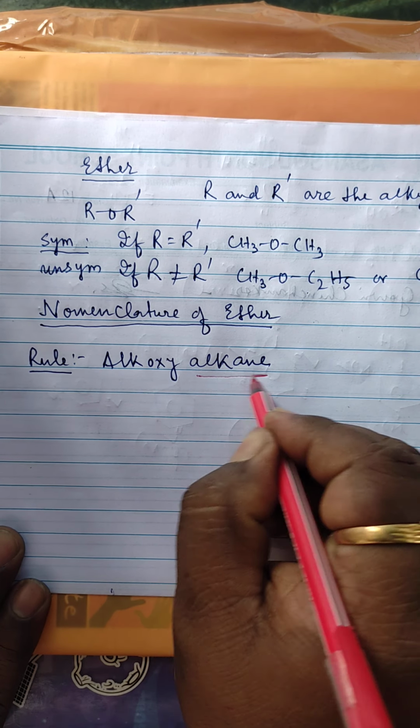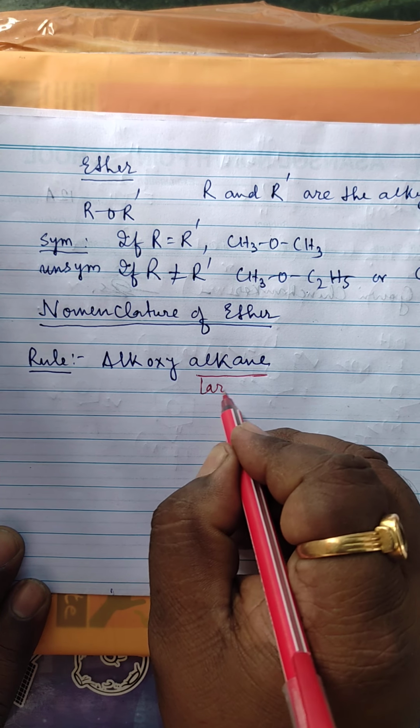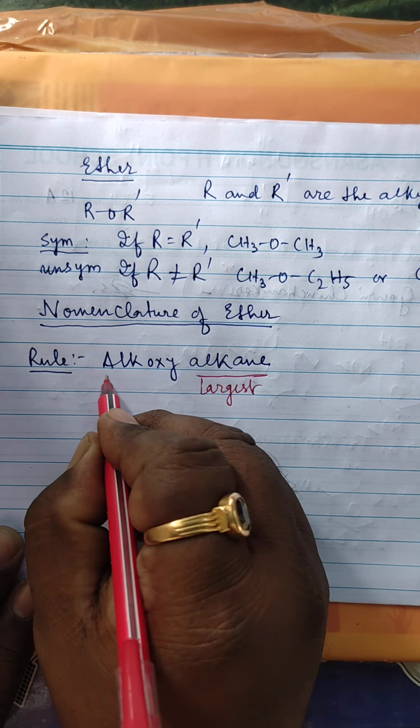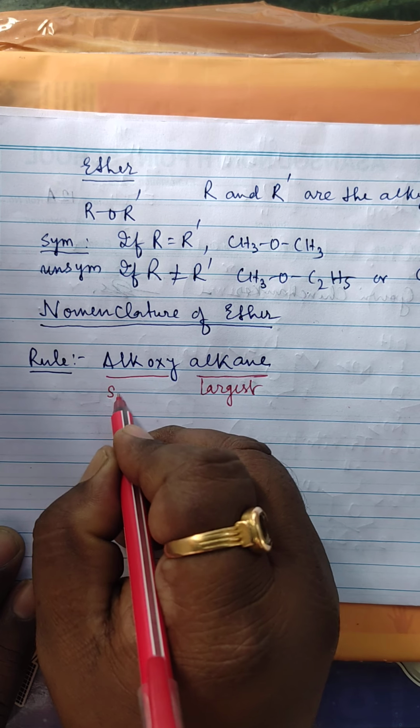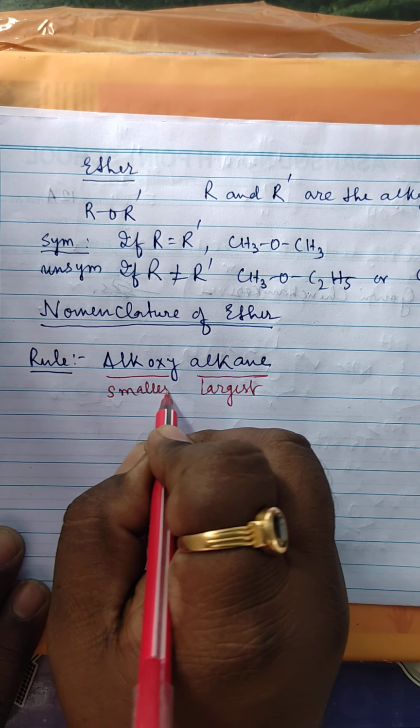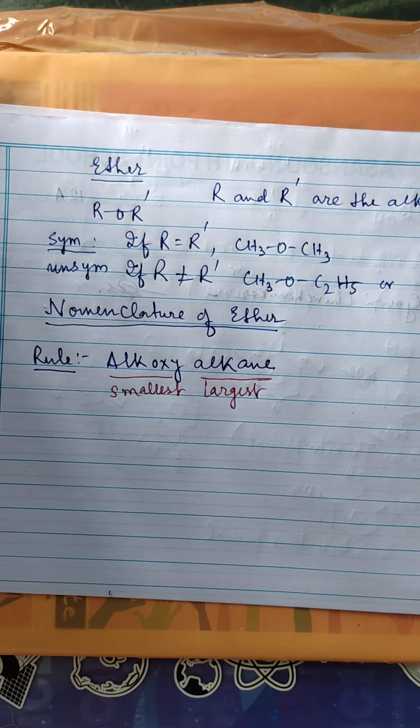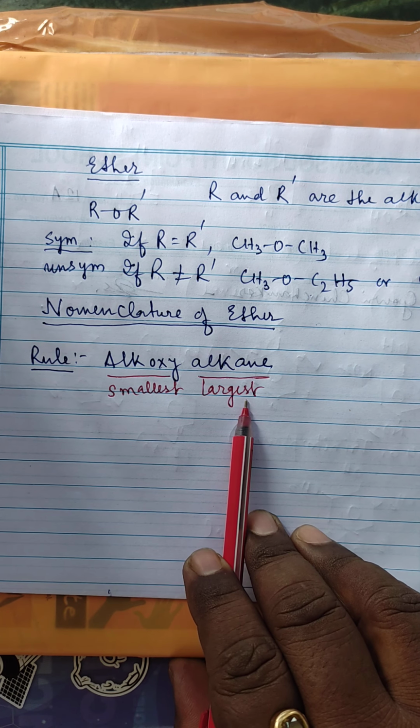Alkane is the largest part. The largest part is called the alkane, and the smaller part is called the alkoxy group.